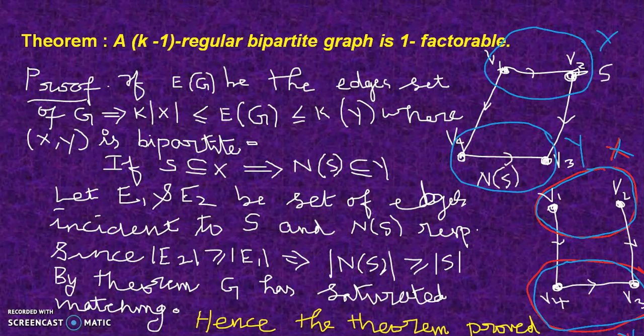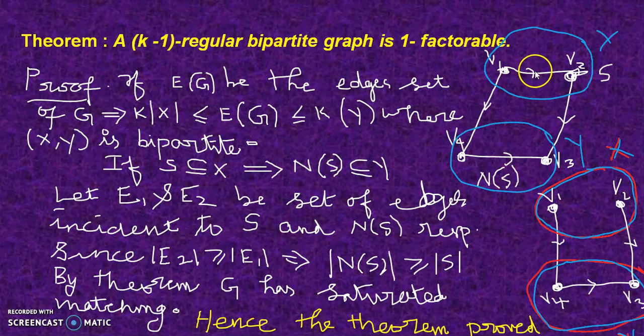If you take this V4, V3 edge away, then you will have the one factorable. It is a picture of disjoint edges having one factorable, because each vertex has only 1 degree. Therefore, it is one factorable. Okay.